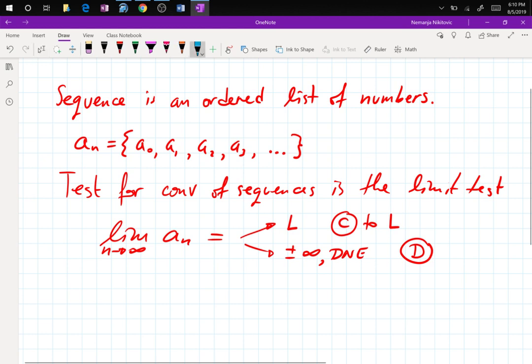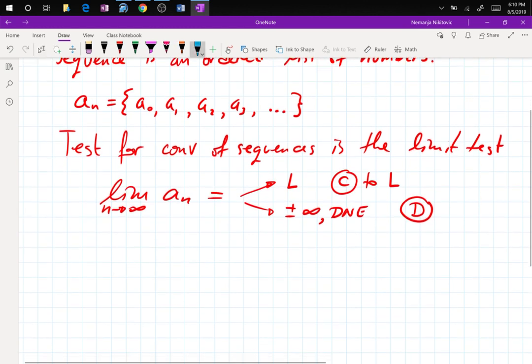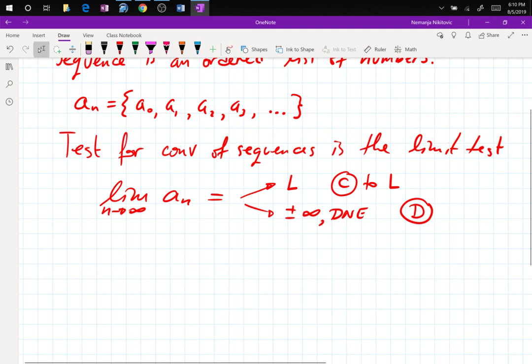Then we moved to the next creature in this chapter, and that creature is a series. A series is a sum of a sequence.